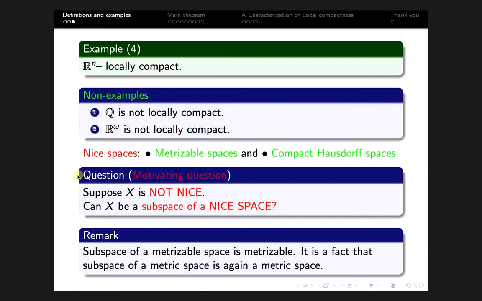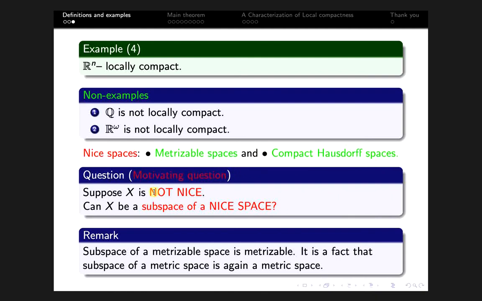Then also we have given some non-examples, Q and R omega. These are not locally compact topological spaces. Then we have defined what are nice topological spaces. Those are metrizable spaces and compact Hausdorff spaces.